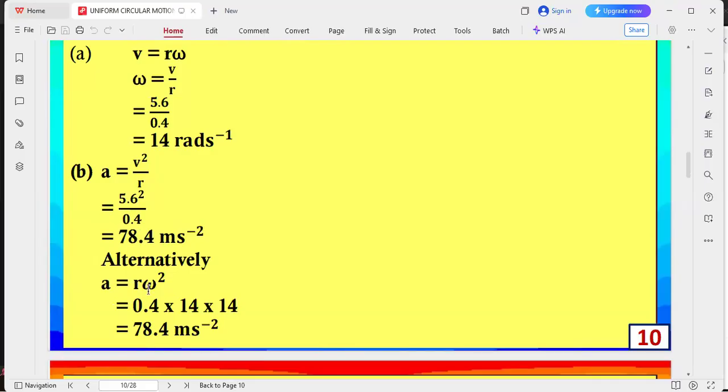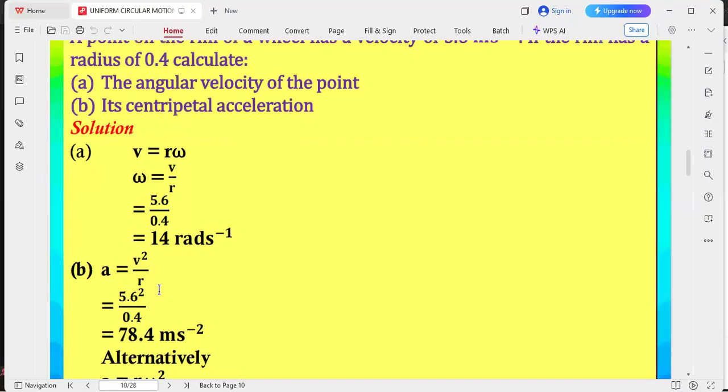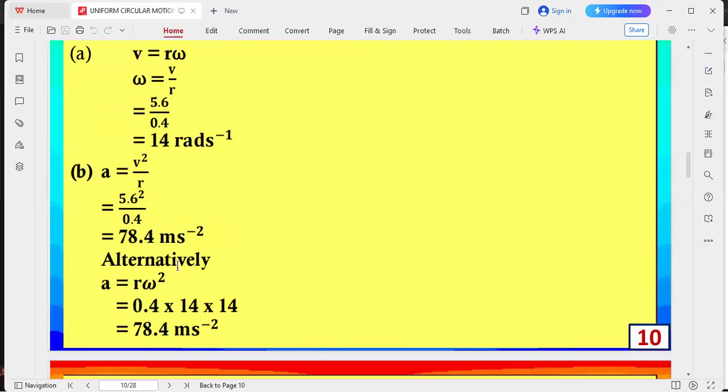When you substitute, r is 0.4, and our omega is 14 squared. So the answer will be the same, 78.4 meters per second squared.